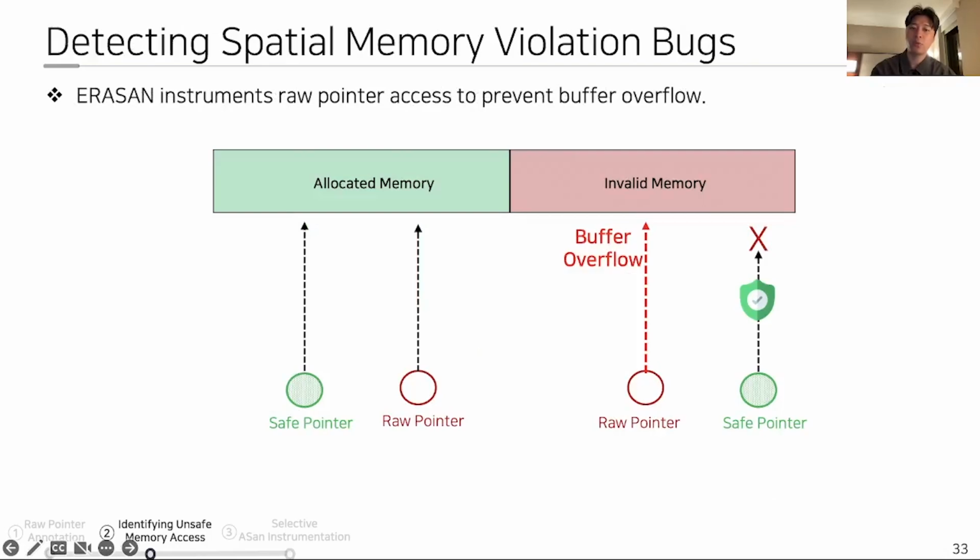Therefore, only raw pointers can cause spatial memory violation bugs. Considering this, ERASAN doesn't have to consider the other pointers, but only raw pointers. So ERASAN only checks the memory access through these raw pointers to detect spatial memory bugs.